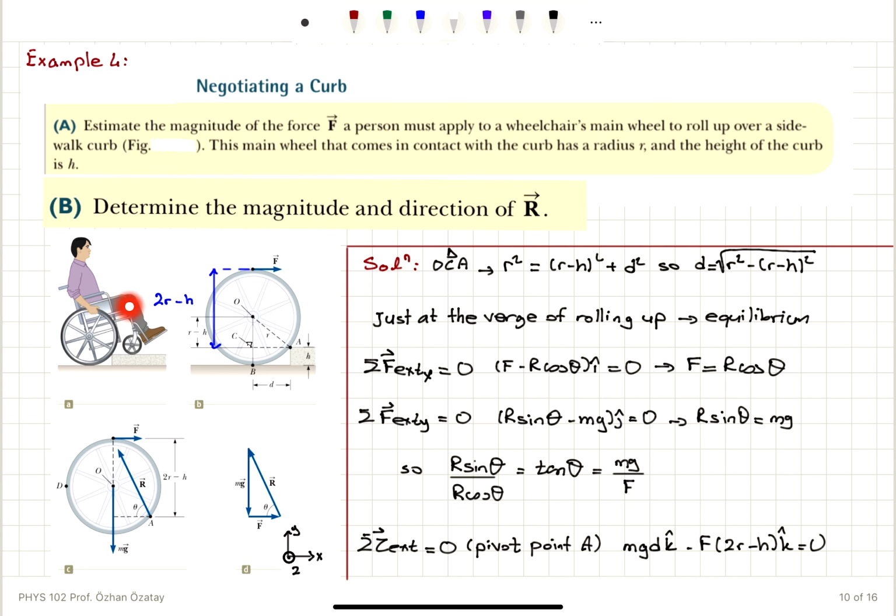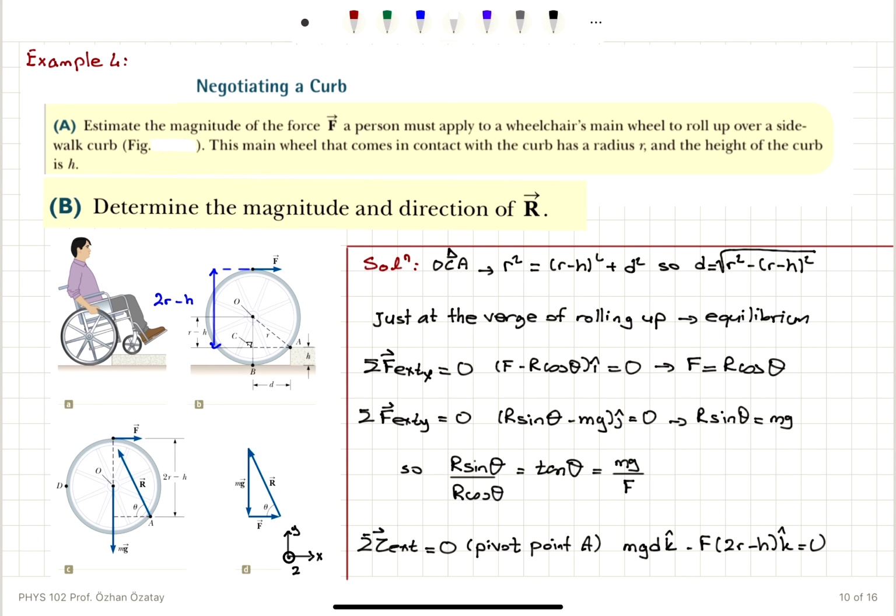That's the force applied by the person, and contact force R. F and R cosine theta are the x components, mg and R sine theta are the y components. So writing the x and y translational equilibrium equations, I obtain tangent theta is mg over F, and R sine theta is mg, or R cosine theta is F.